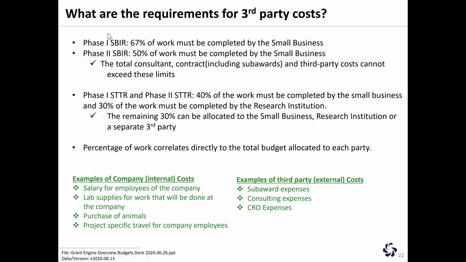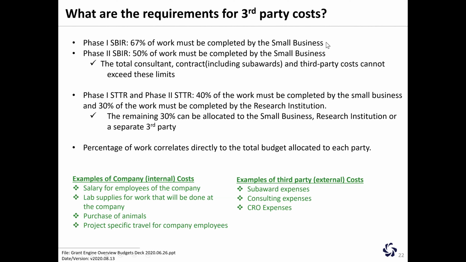There, of course, are SBIRs and there are STTRs. The very simple answer is that for SBIRs, a maximum one-third of the cost can go outside, which means, if you think about it on the inverse, over two-thirds, 67%, of the work must be completed by the small business.